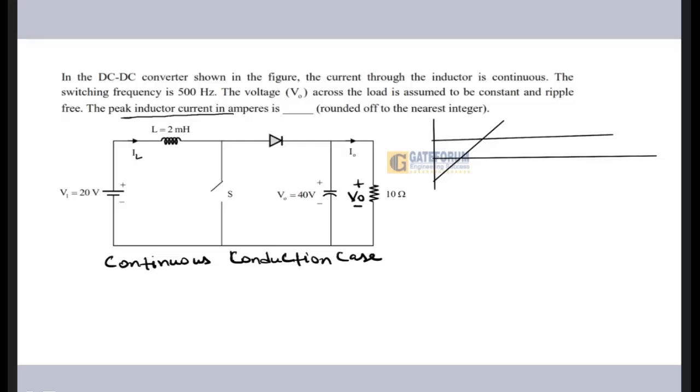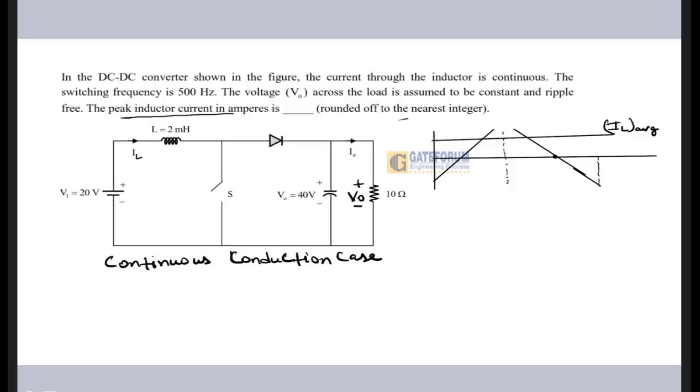this is my IL average, and this was the case when the switch was on. This is my time period T. This was IL average, and it was a continuous conduction case.